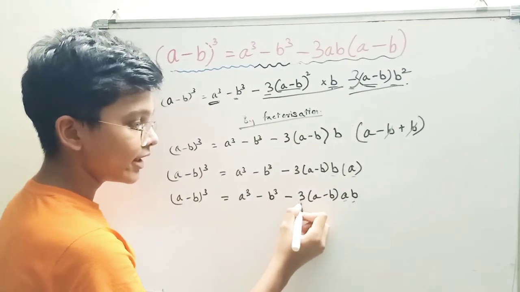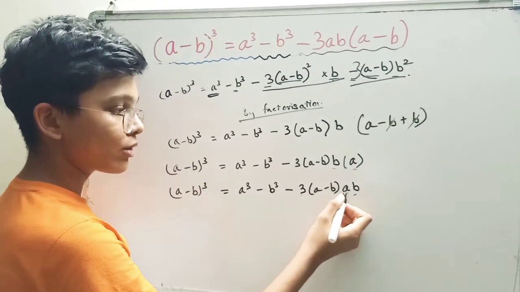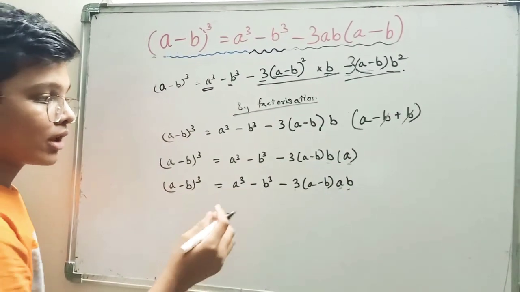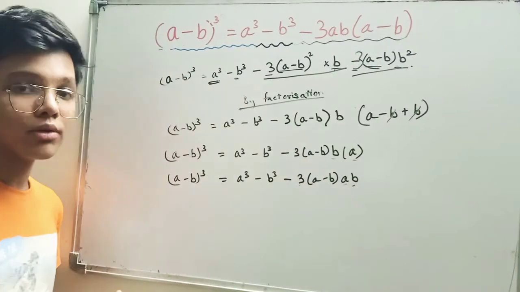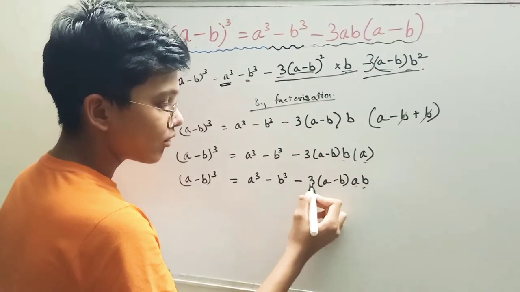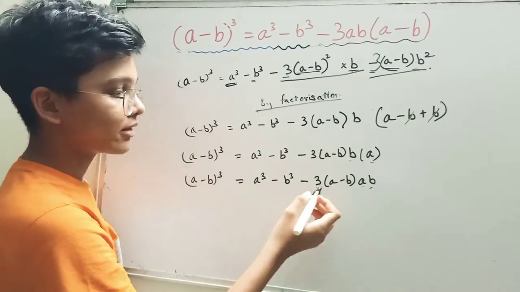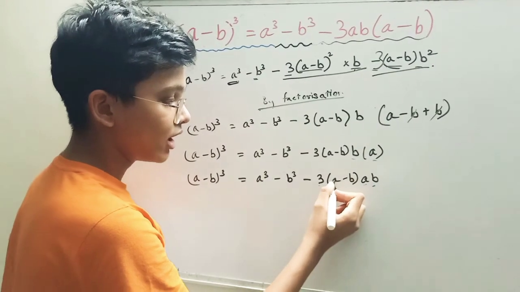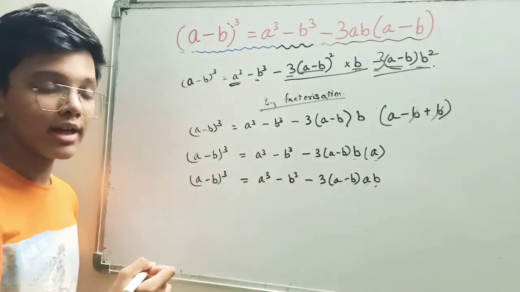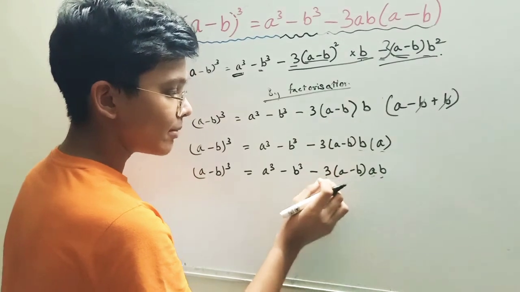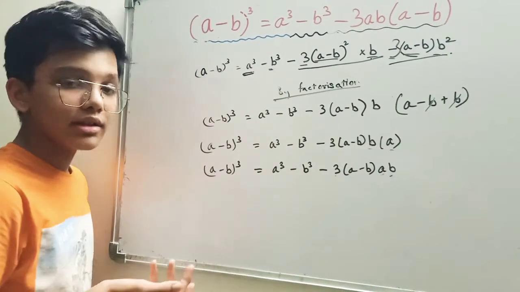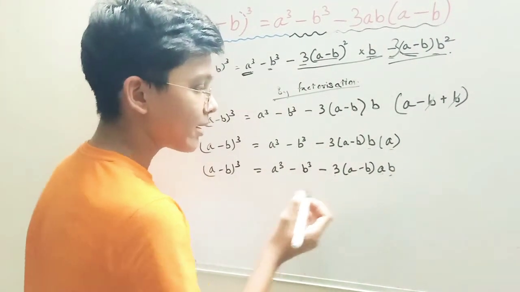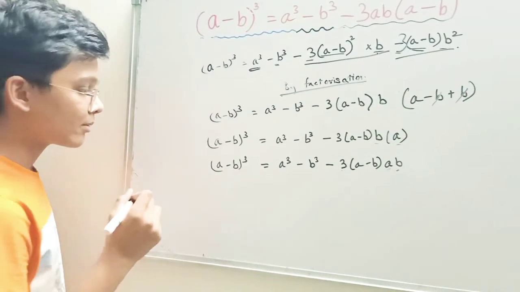Similarly, 3 into a minus b into ab. If we forget this 3 for a moment, a minus b is getting multiplied by ab. Now if we take this ab over here, it would be ab multiplied by a minus b. Both are one and the same thing.